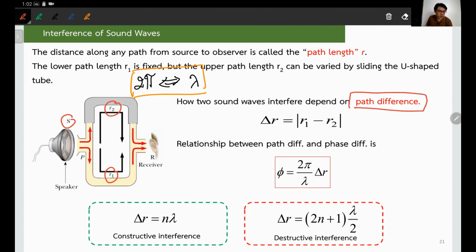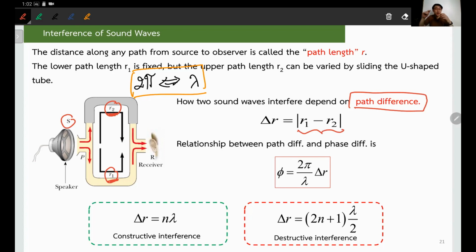You guys with me? Okay, one more time. R1 is the distance from source number one towards the observer. R2 is the distance from source number two toward the observer. You just take the difference. And then you just look at that difference.